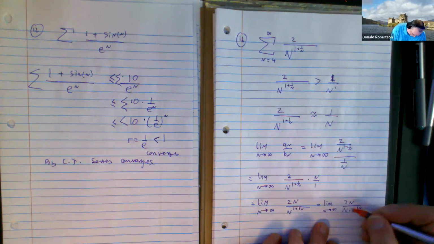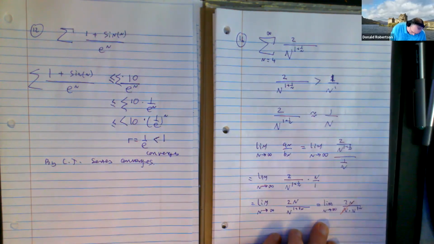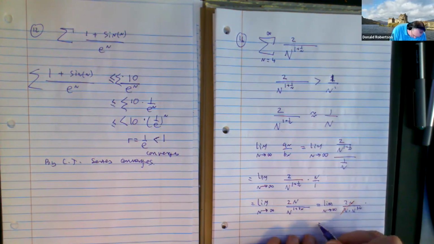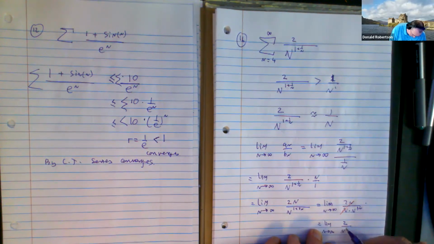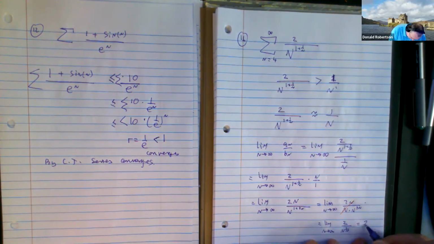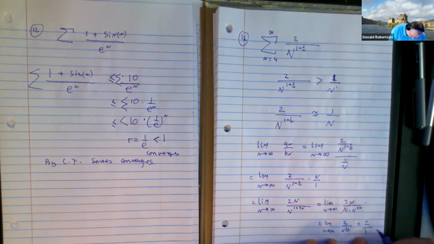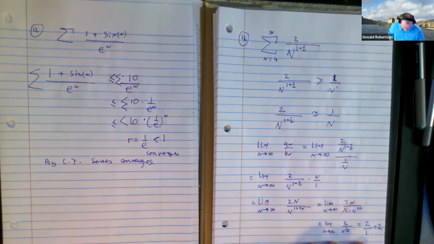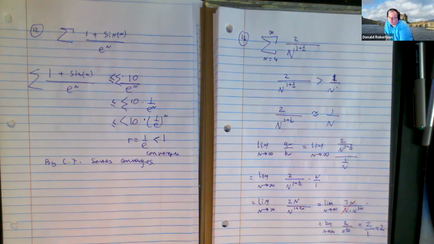And if you do that, don't you cancel? And now you are left with the limit as n tends to infinity of 2 over n to the 1 over n, right? And now I'm going to tell you a truism, which you are going to believe, because I'm telling you, and I'm a mathematician, that n to the power of 1 over n actually is equal to 1.